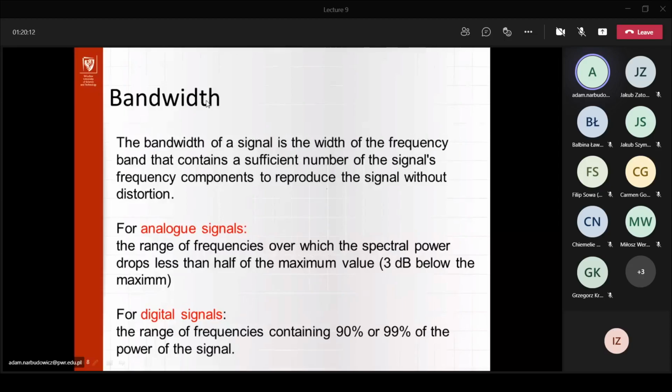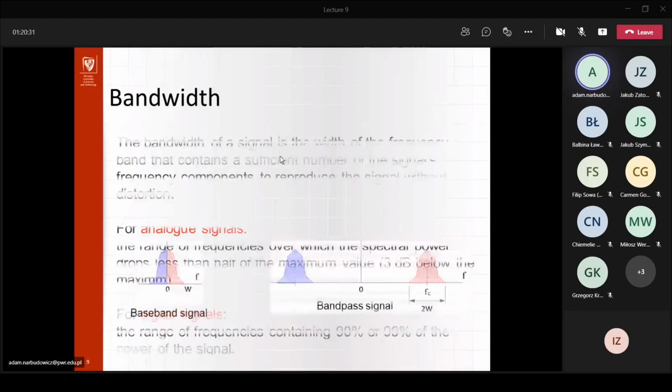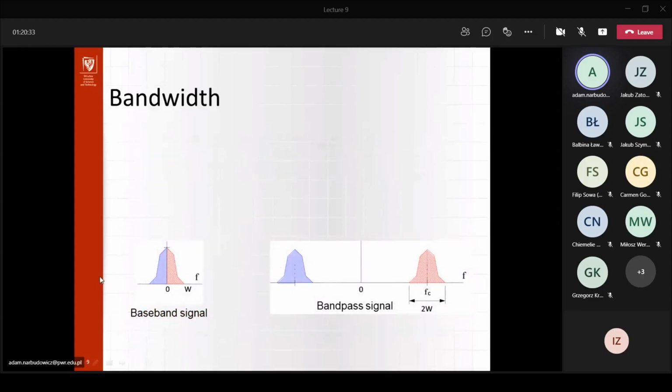And typically we measure bandwidth only using the positive part of the frequency spectrum, right? So in the previous case that I showed, when we have the signal starting at 0 frequency, so basically at DC, a direct current, up to a certain value, we'll just count the positive part of that signal. That's the definition of bandwidth. So that's exactly here.